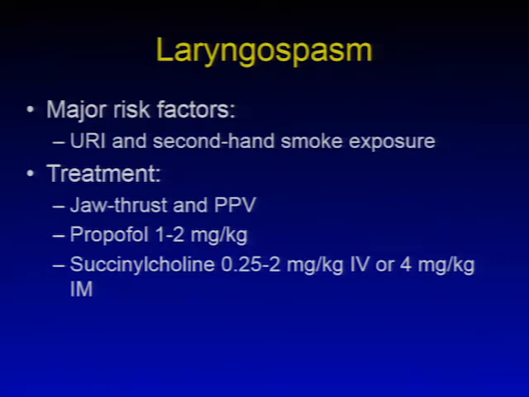However, if this is unable to relieve the laryngospasm and you note decreasing SATs or inability to open the airway or move air, propofol at 1 milligram to 2 milligrams per kilo is often recommended. In addition, if propofol is unsuccessful, succinylcholine can also be given via the IV route, or if no IV is obtained at this point, an IM injection of succinylcholine can also be administered to break laryngospasm.